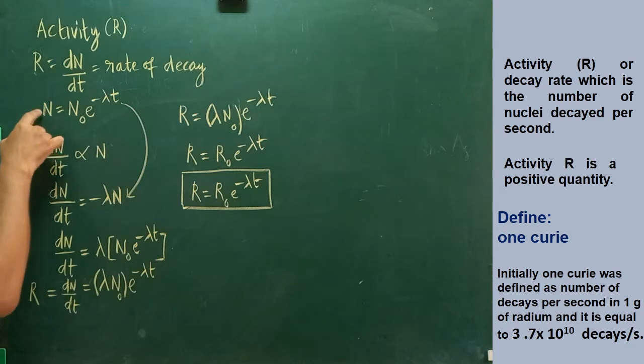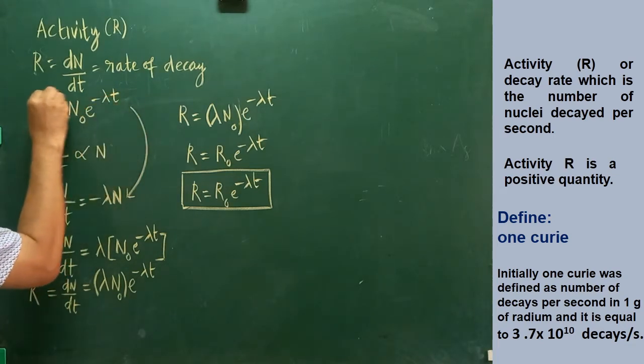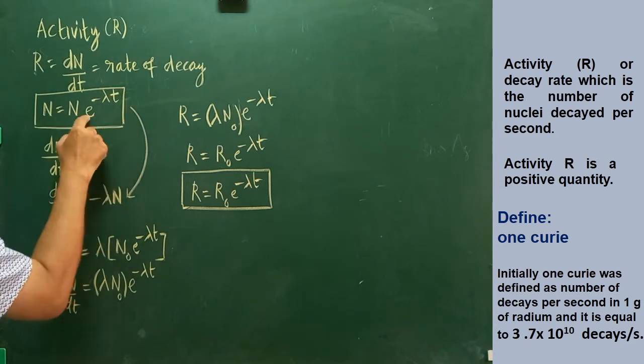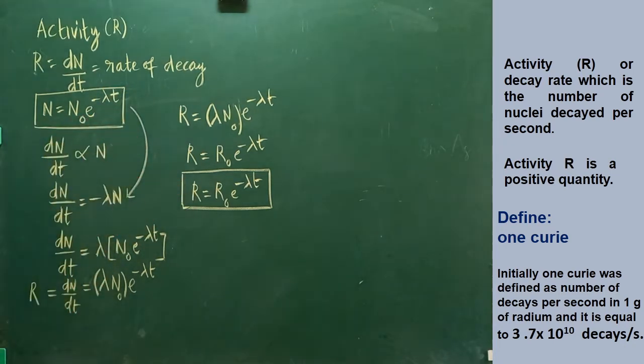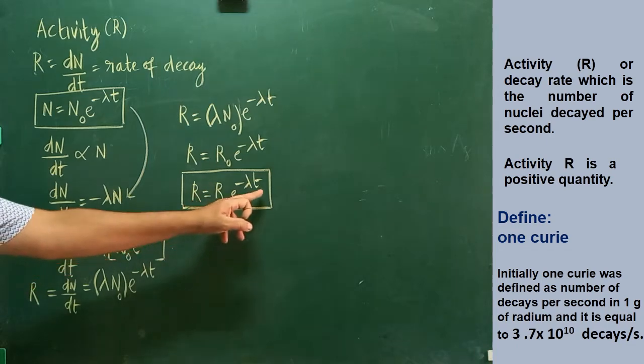Are you clear? Here one more expression is written. Look at the similarity between these two. Both look very similar. From this one, you are able to get the number of undecayed radioactive nuclei at any instant. This one gives you the activity of the sample at any instant.